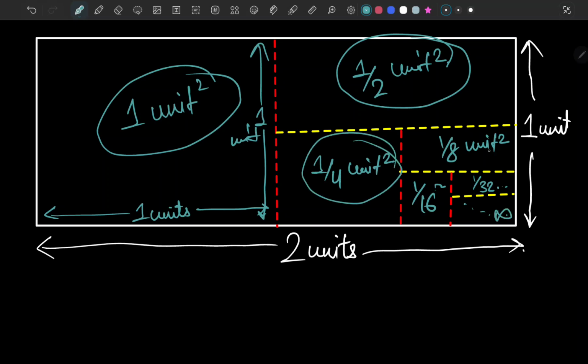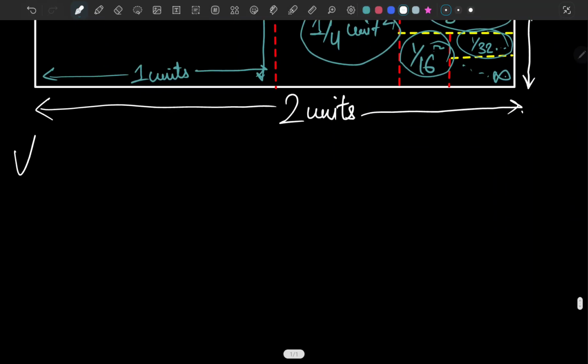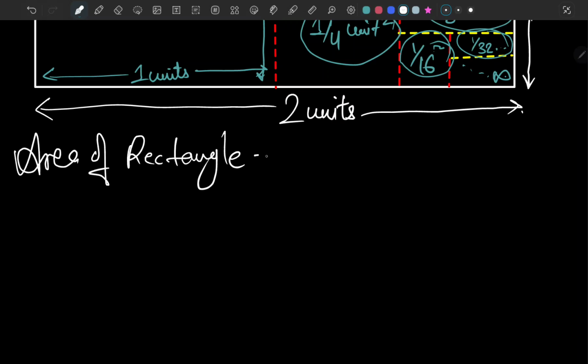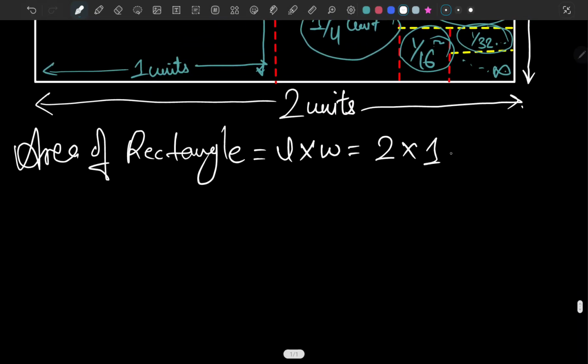And just take a look at the values that we are getting, right? So basically we know the area of a rectangle, although I haven't proved this yet, but I'm looking to prove it, is length times breadth, or width. So we have length as 2 units and width as 1 unit, so it's 2 unit squared, right?